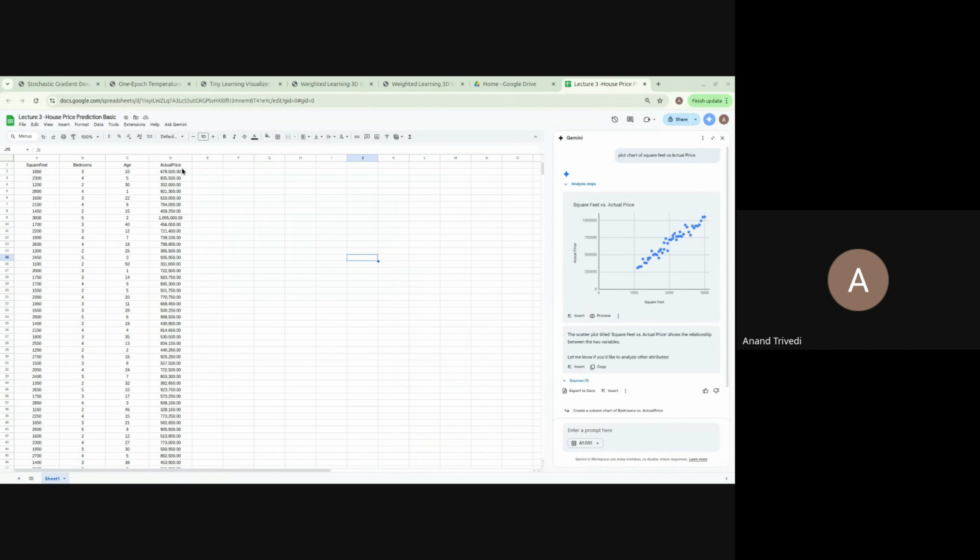What is the relationship between bedrooms and actual price? Plot chart between bedrooms and actual price.